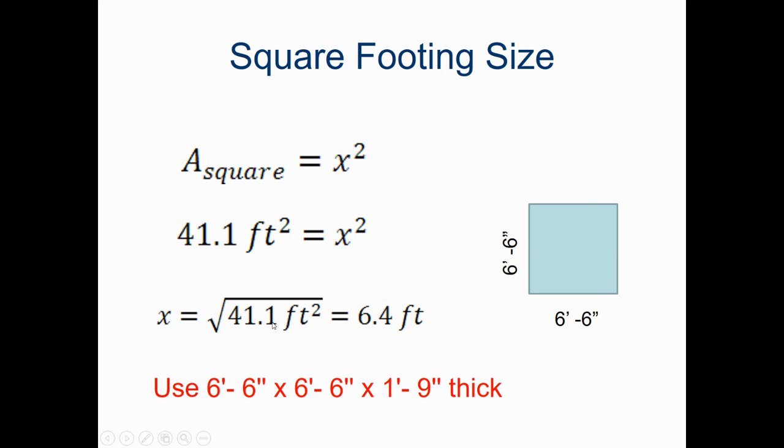X is the square root of 41.1. And I get some goofy number like 6.4 feet. Well, what I can do is round up. And so in this case, we just rounded up to 6.5 feet by 6.5 feet by that prescribed 1 foot 9 inches thick. So that is the chunk of concrete that needs to be poured underneath a column to support that load.